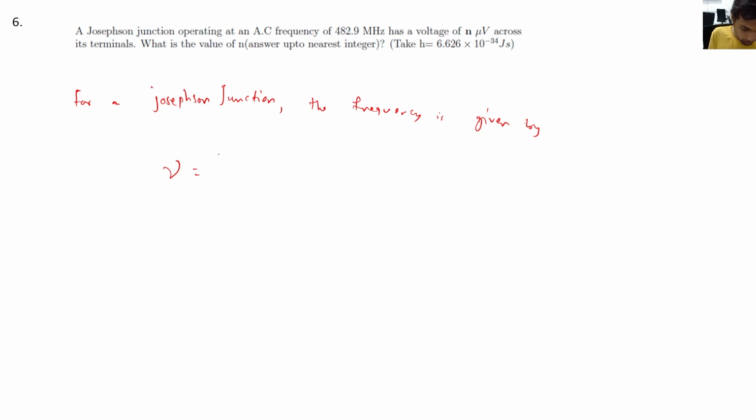So the frequency is given by QV, which is your energy. If this is your voltage, then this is the energy that you need to give, and the frequency is h nu.